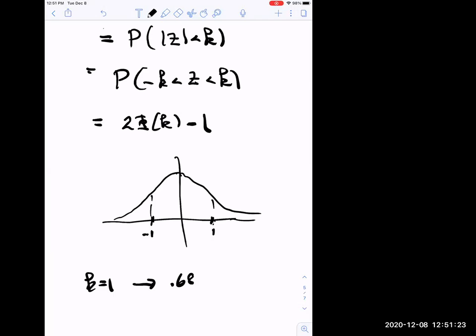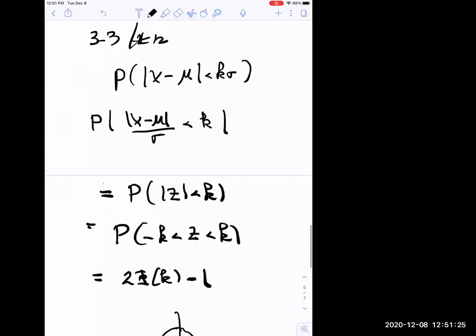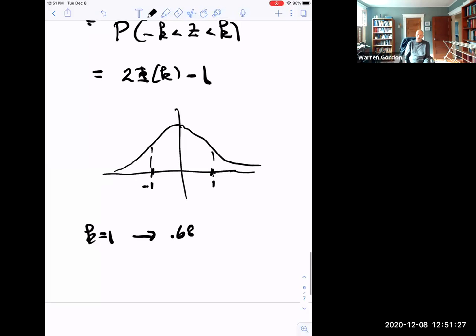Whereas all Chebyshev's inequality tells you, with 1 minus 1 over k squared, is that it's greater than 0. When k equals 2, this is roughly 0.93, if I remember correctly.